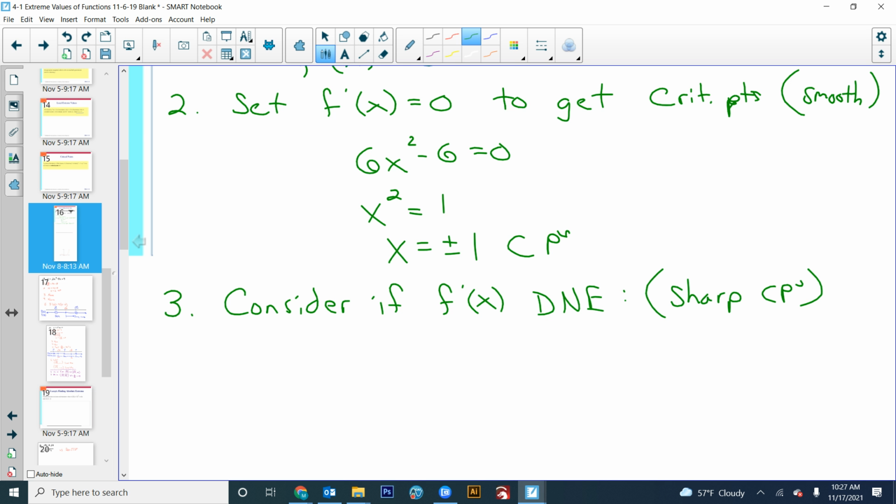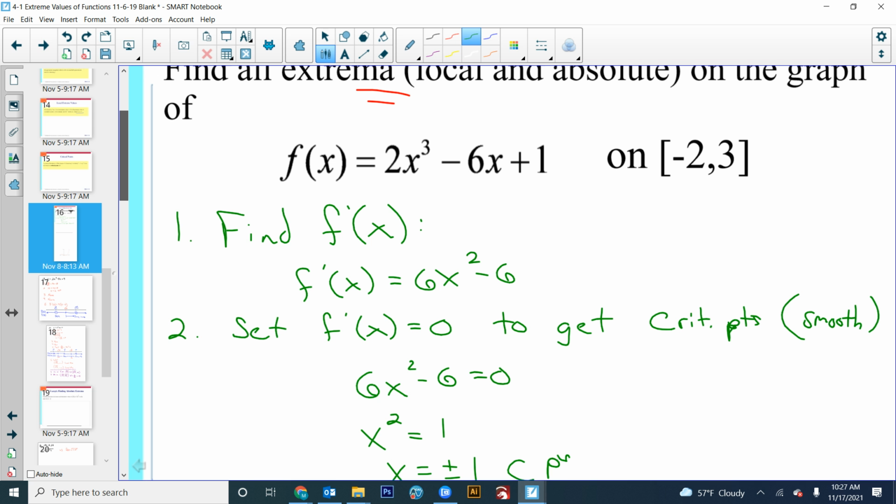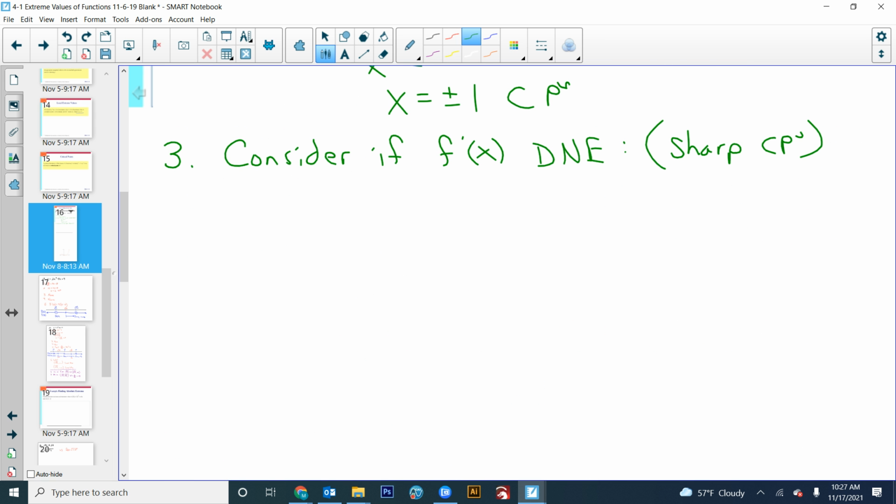Does this function have any sharp critical points? Well, f prime is 6x squared minus 6. That exists for all real numbers. It's never going to fail to exist. Agree? It's never going to be sharp. None. Step 4.